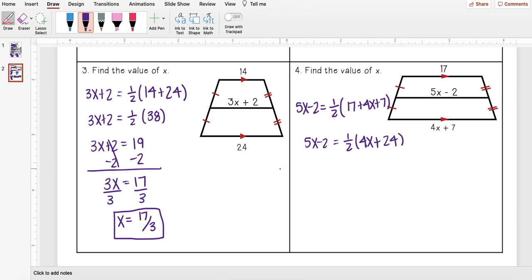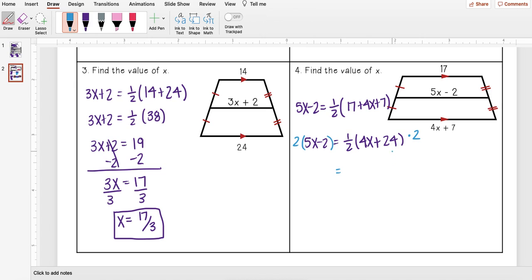And now here I do have a couple of options. You could go ahead and distribute the 1/2, which here it actually will work out since they're both even numbers. Or you can go ahead and multiply both sides by 2. I'm going to go ahead and multiply both sides by 2 just to show you that option.